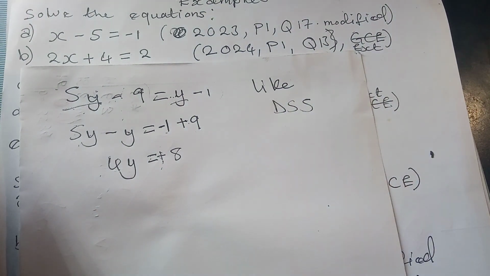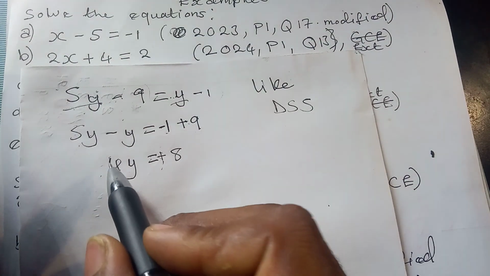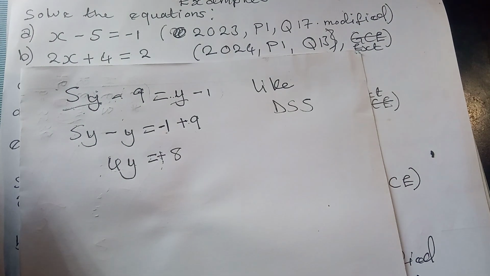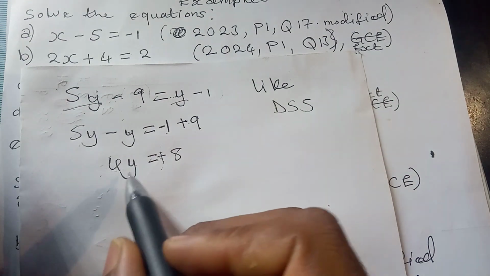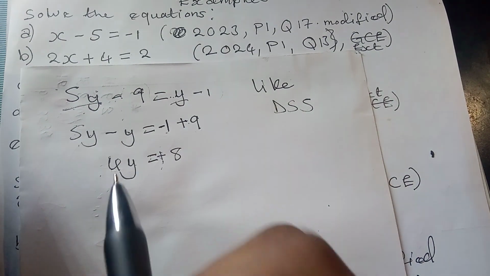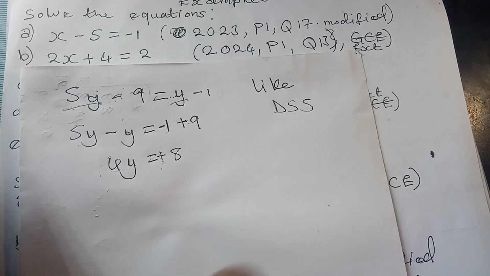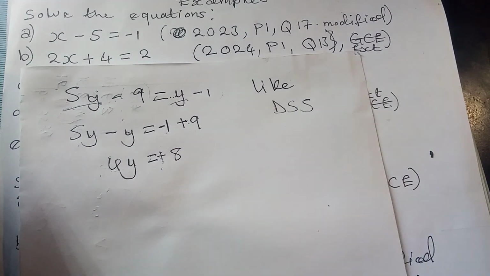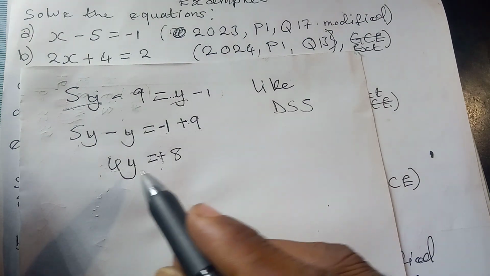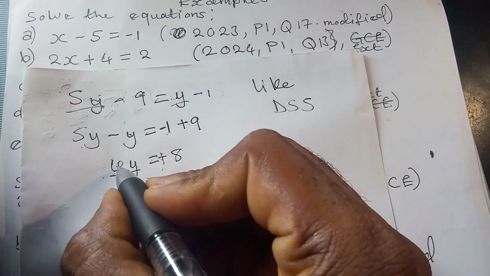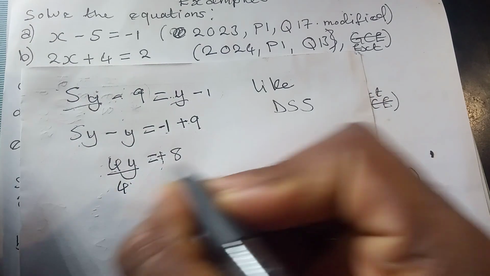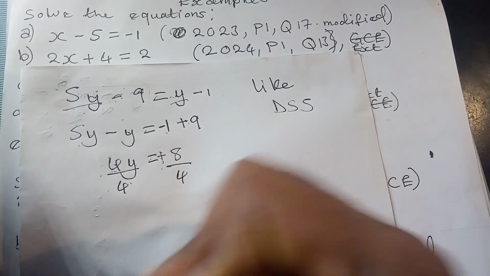So now at this point, you want to separate the 4 from the y. To do that, remember you are solving for y, you just want to have a y as the only variable on the left hand side. So I'll get rid of the 4 by dividing both sides by 4.